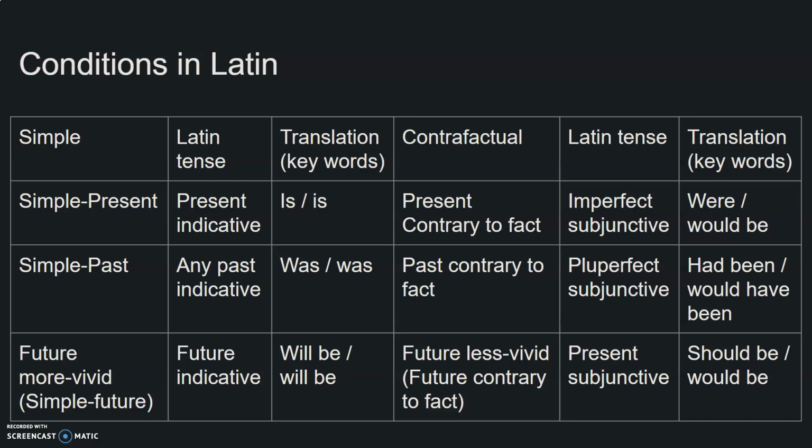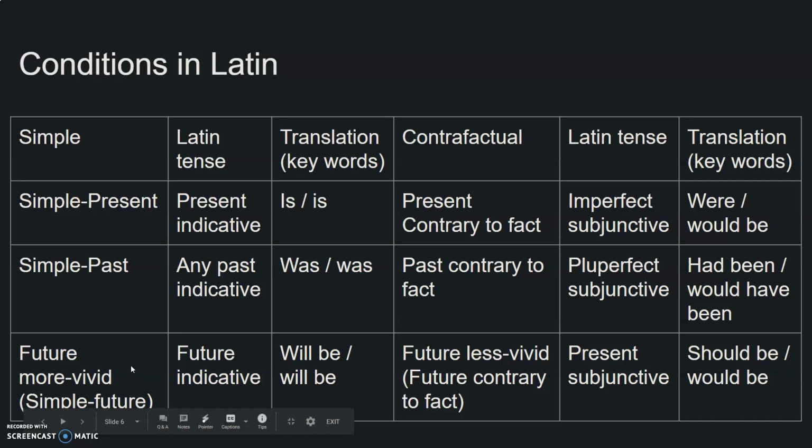So for example, simple present, it will use the present indicative in both clauses. And you'll just translate it like an indicative. If it is, then Y is, right? Simple past, same thing. Latin tenses, any past indicative. If it was, Y was. Notice how easy simple conditions are. You're just going to translate them like you already do.